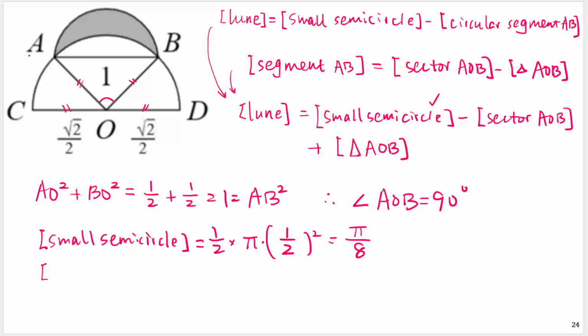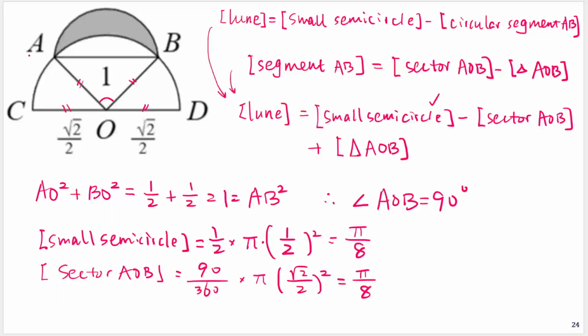Then the area of sector AOB is 90 over 360 times pi r squared. And r is square root 2 over 2. And this gives us 1/8 pi as well, right?